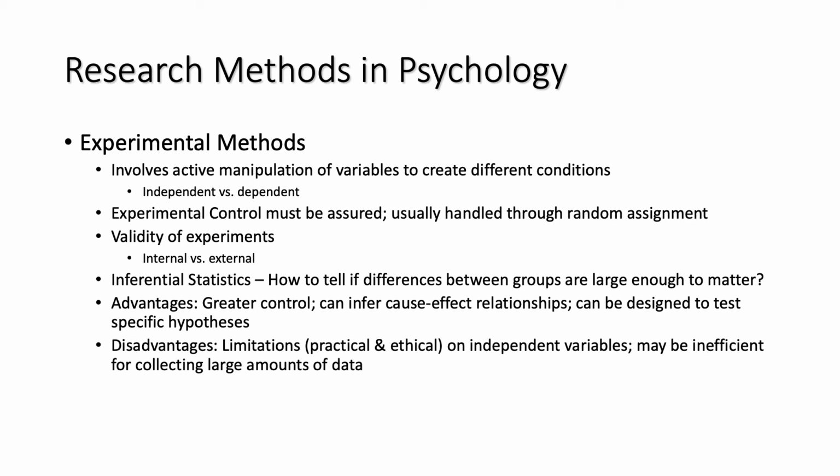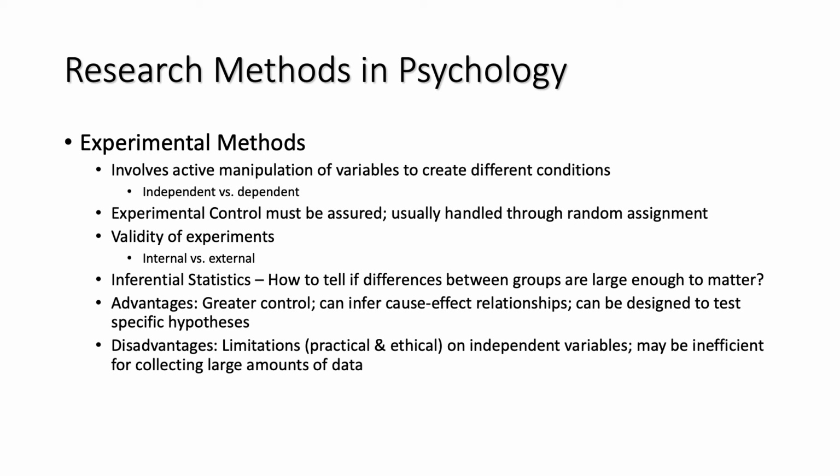All right, the next thing on the slide, inferential statistics. There has to be a way of deciding whether any difference you find between your groups is big enough to really be meaningful. So in the experiment I proposed about how much you drink and what your GPA is, if at the end of the term we compared the GPAs of the two groups for that term, and we see that one of them has a 3.2 and the other has a 3.1, you would probably say, that's too close for me to conclude that drinking really had any effect on GPA.